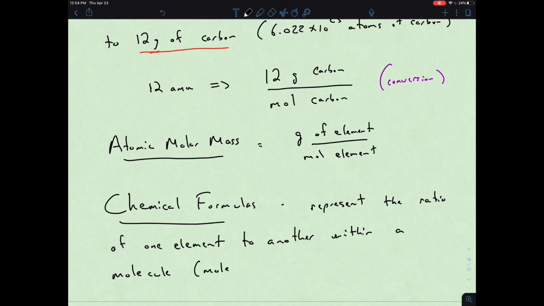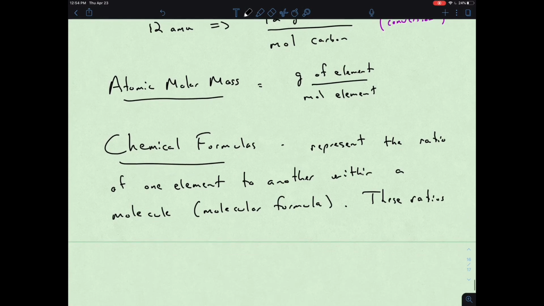Maybe you've heard the term molecular formula. So it's the same thing. These ratios are whole numbers, or simple whole numbers.